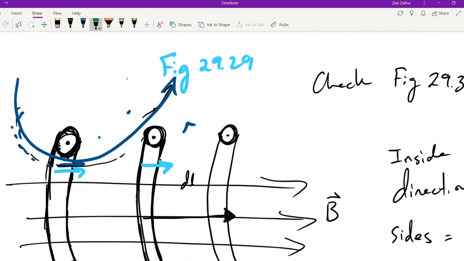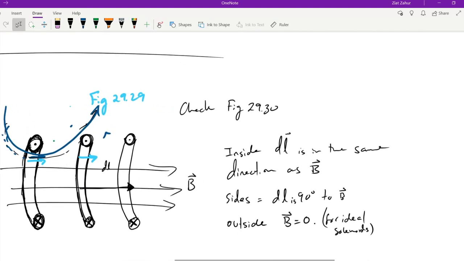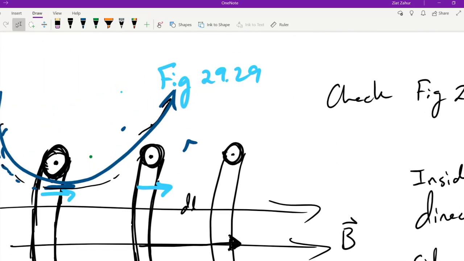No, 29.29. 30 was the last one. Okay, 30 is to see the real solenoid. Okay, take a look at 29.29 now.